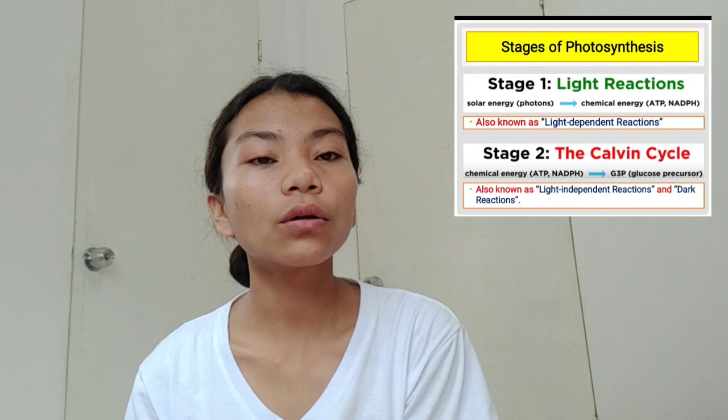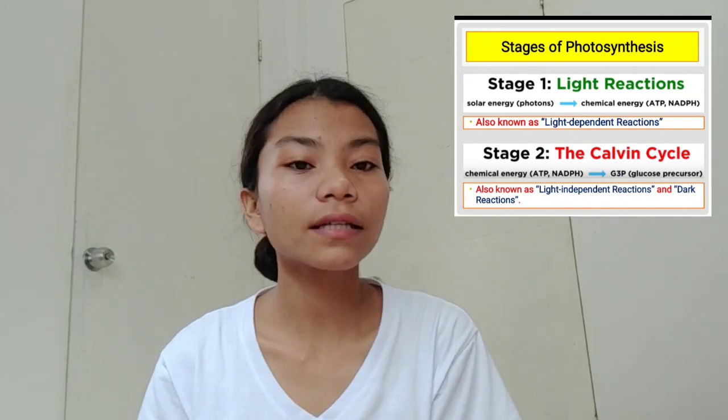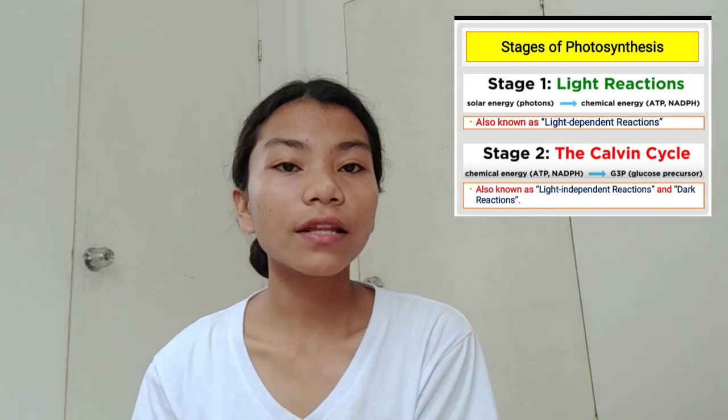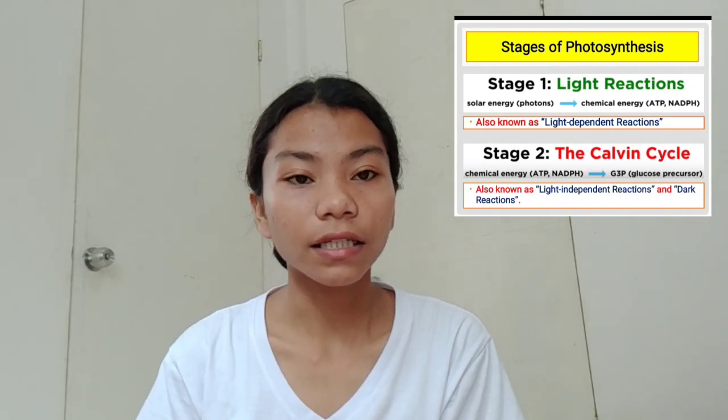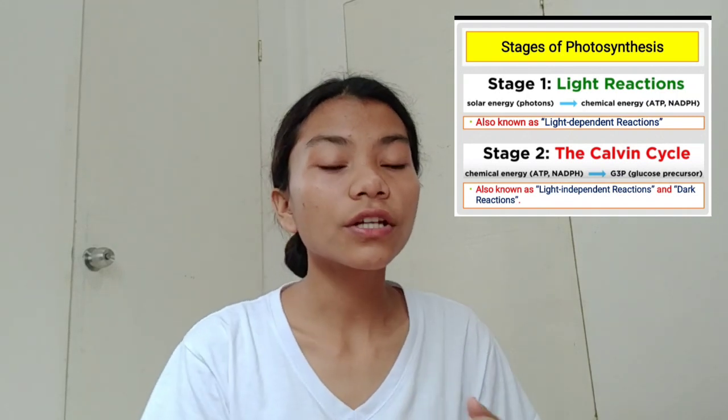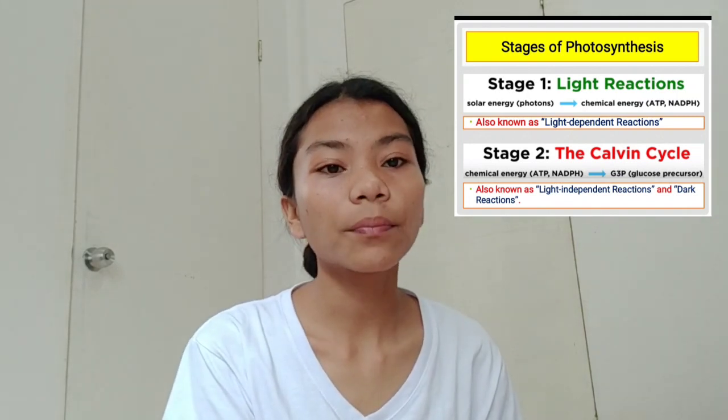The Calvin cycle converts chemical energy, ATP and NADPH, to G3P, or glucose precursor.